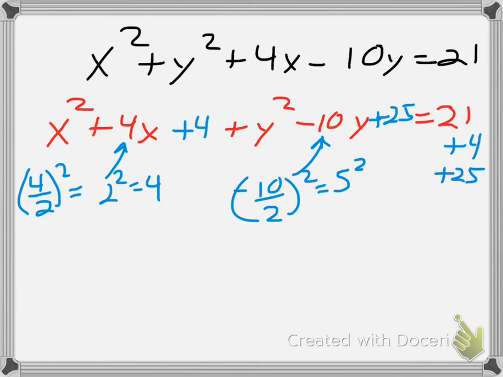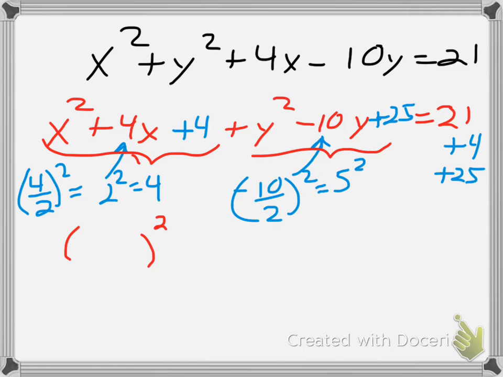At this point, I want to factor. I need to factor both my x's and my y's. Now we could factor normally by saying what multiplies to 4 and combines to 4, and so on. But what I prefer to do is a simple trick.